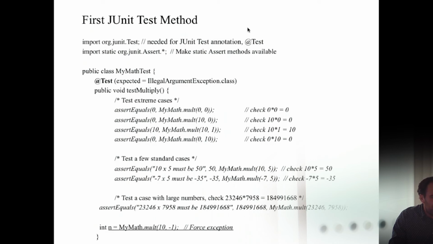So you can come up with all those. For example, by this assert equals, I am checking this multiplication when the values are 0 and 0, does it return the correct value or not? Here I am checking it when we multiply 10 with 0, 10 with 1, and 0 with 10.